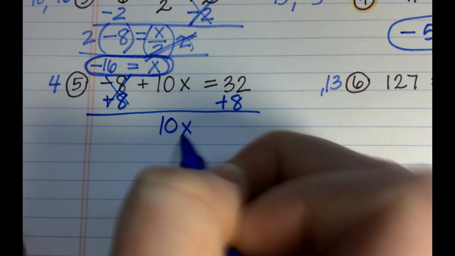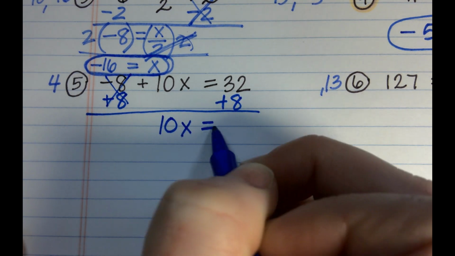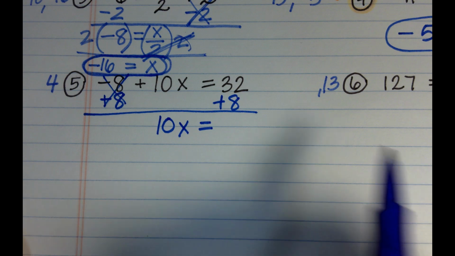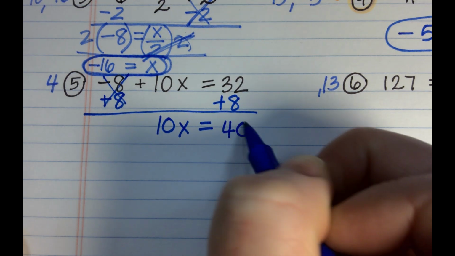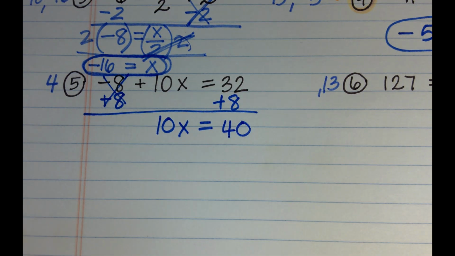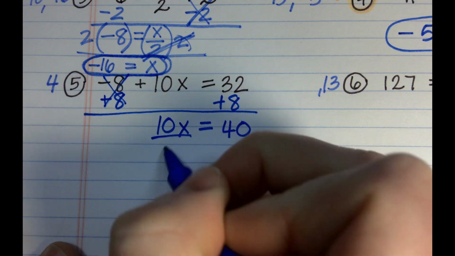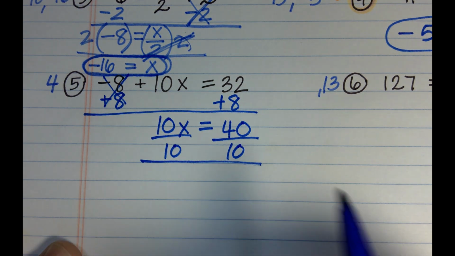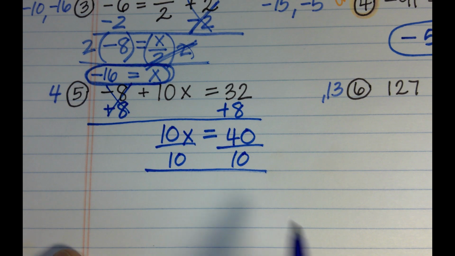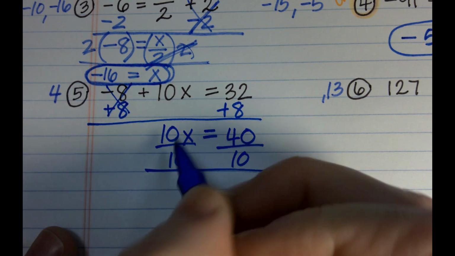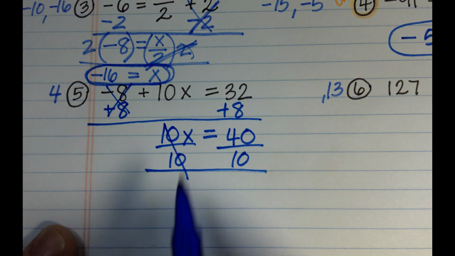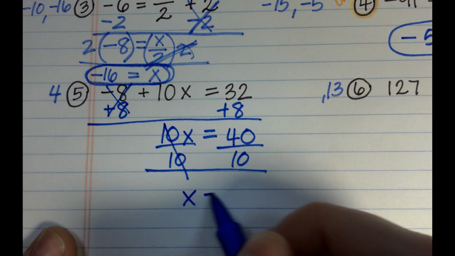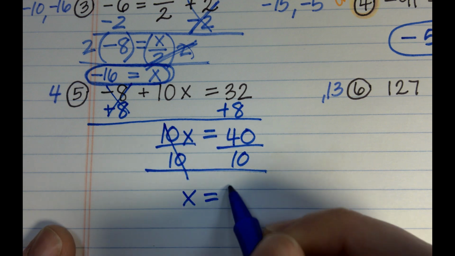We have 10x. Bring down equal. 32 plus 8 is 40. And there's one last step. Divide by 10. And 40 divided by 10 is 4. Good. Looks like everybody that attempted that one got it right. So the 10's cancel. x equals 40 divided by 10, which is 4.